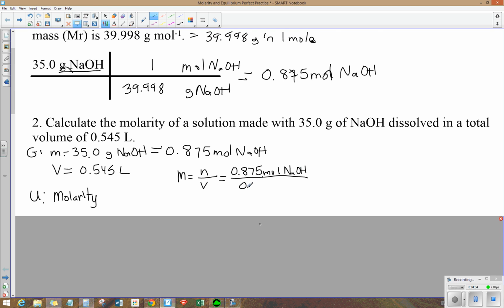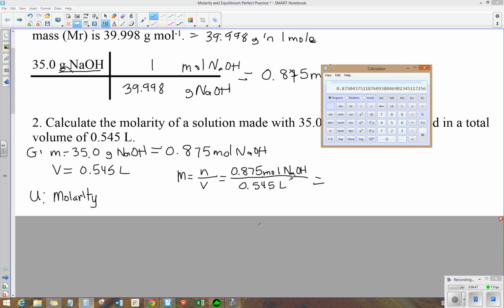And then 0.545 liters. So we're going to end up doing a division. So once again, going to the calculator, 0.875 divided by 0.545. And we get 1.605, so we're going to round that up to 1.61.